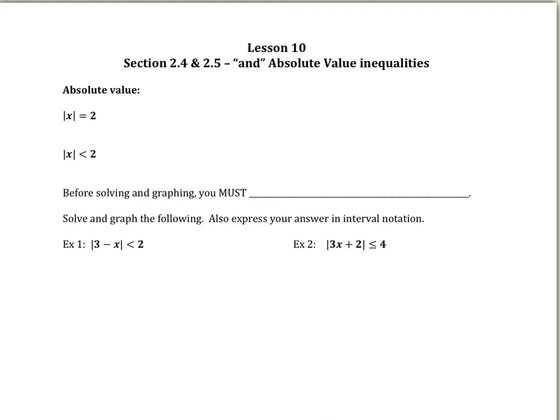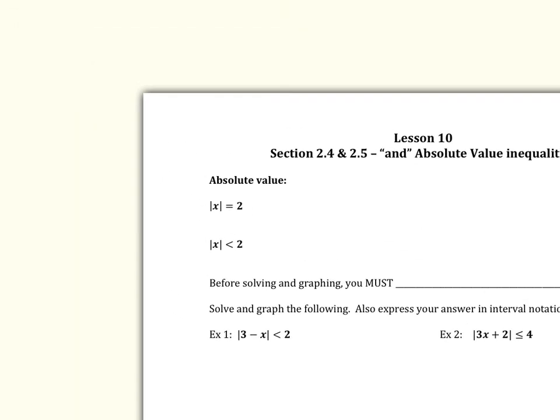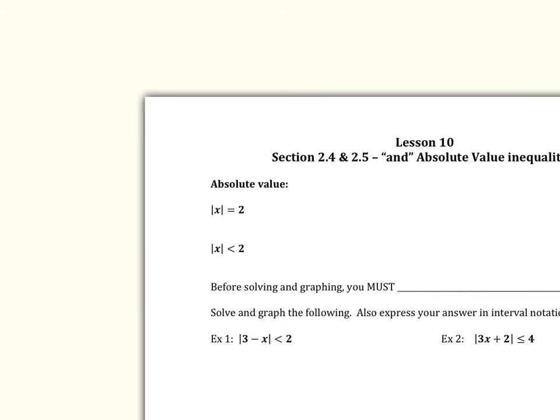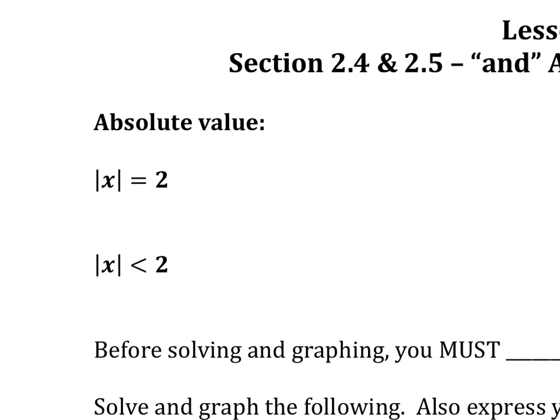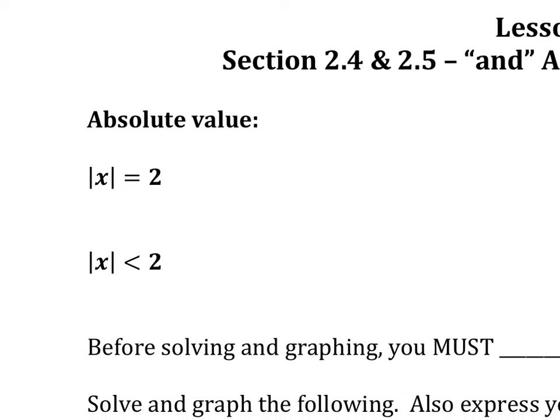In our last lesson, we learned about the absolute value of a number and how to find absolute value solutions for equations. So we're going to review that a little bit. Absolute value represents distance.